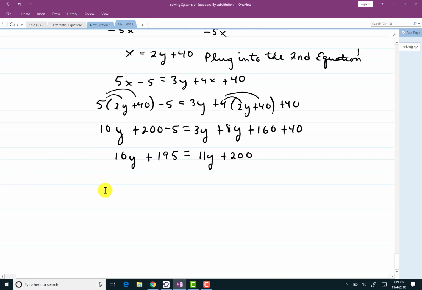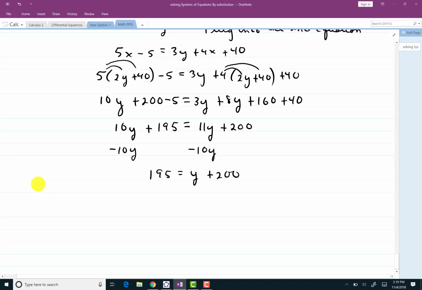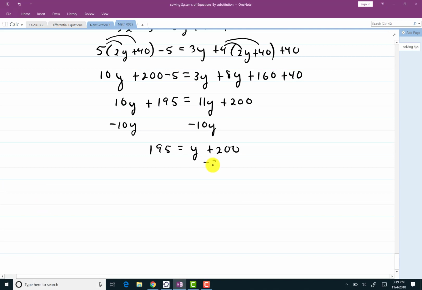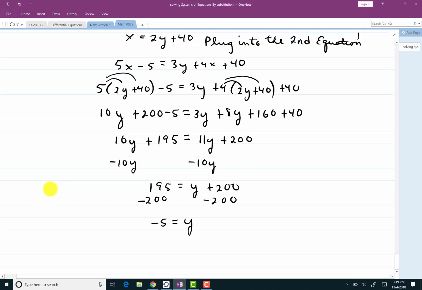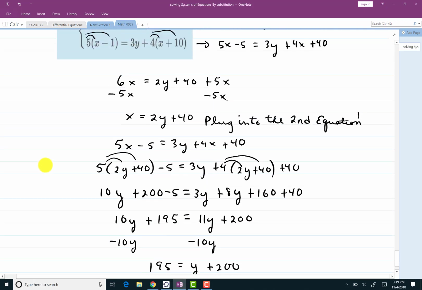To get y by itself, I think I'll subtract 10y from both sides, and that will be 195 equals y plus 200. Well, this ended up working out very nicely, didn't it? I'll subtract 200 from both sides, and I get negative 5 equals y. Now I've got to go back and find where my x was.